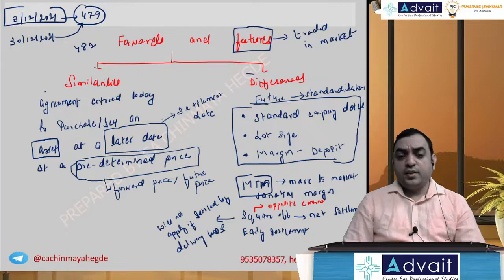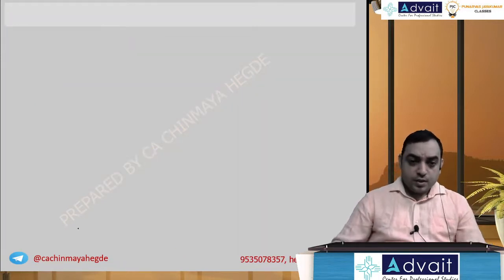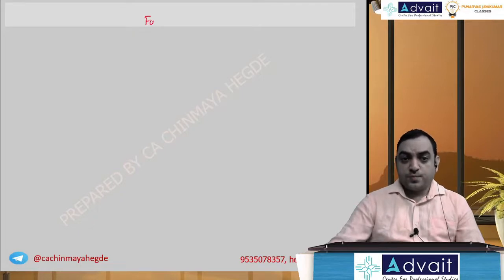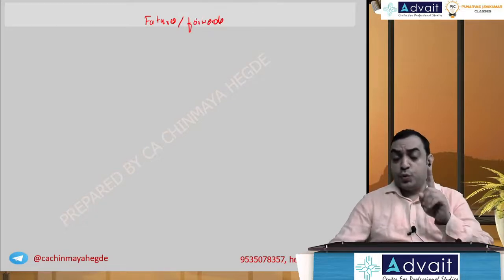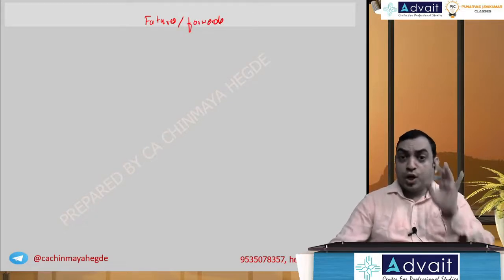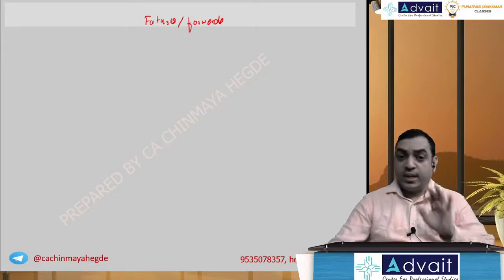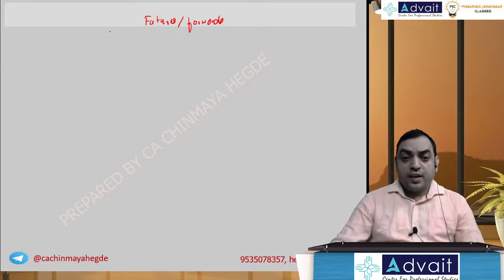Futures can be used, futures or forwards, they are used interchangeably, but the main point is that in futures, square off can be done. Forwards have no square off, settlement by delivery only. So we have three objectives.